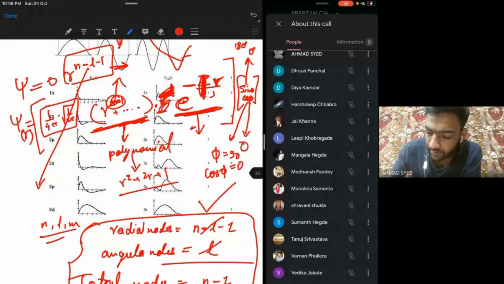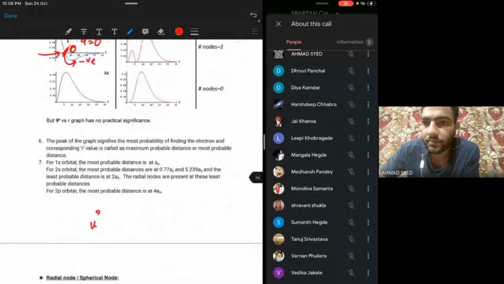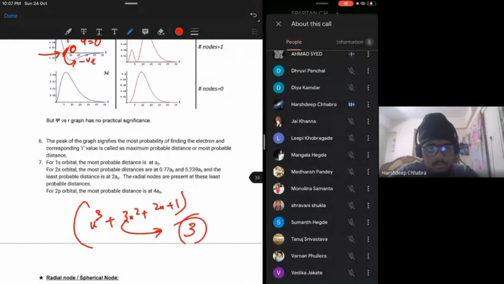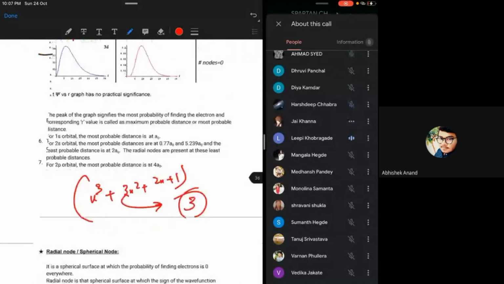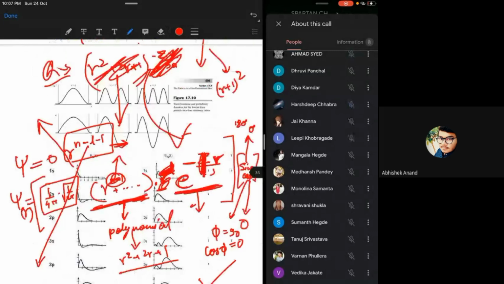In a cubic polynomial, x cube plus 3x square plus 2x plus 1, the maximum number of roots is 3. Exactly like that. In the polynomial for the wave function, it is r power n minus l minus 1, and that's how the total number of radial nodes comes to be this.